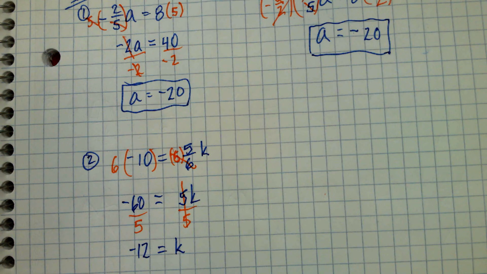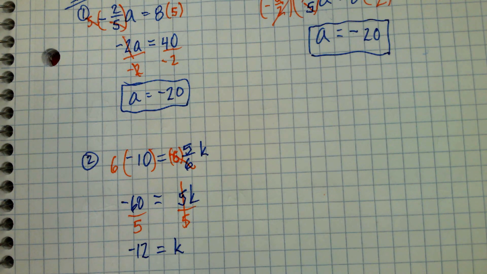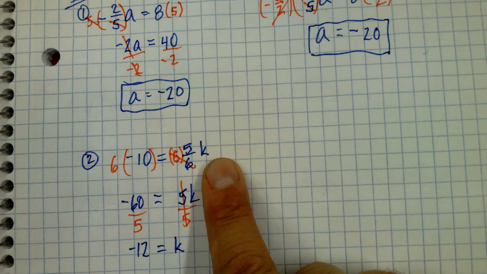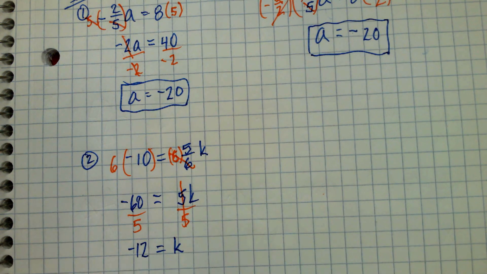Can I do something for method 2 that we're allowed to do? I want to show that to you. How many of you like your variable on the right side? Anybody like the variable on the right? Okay. Meaning you're okay with it on either side? That's fine. What I'm going to do is reverse this.